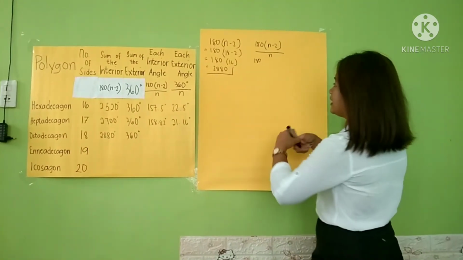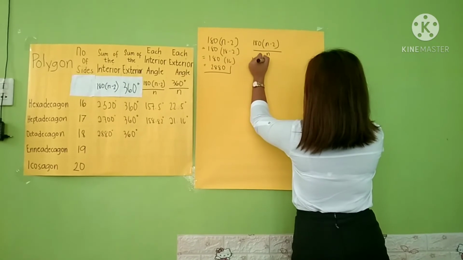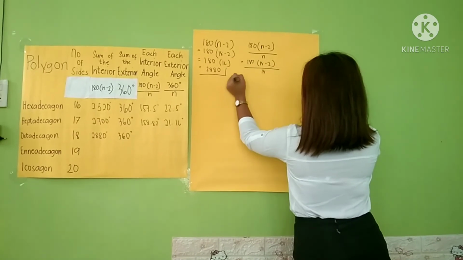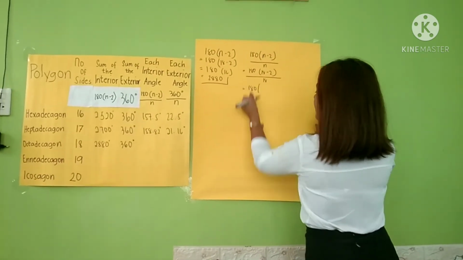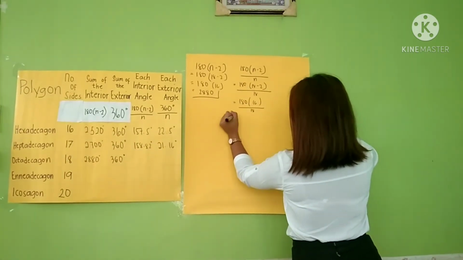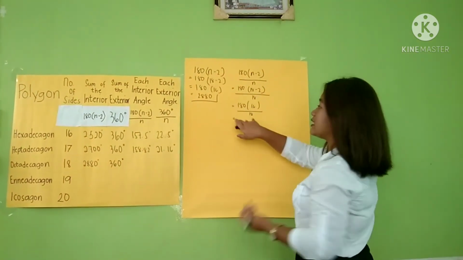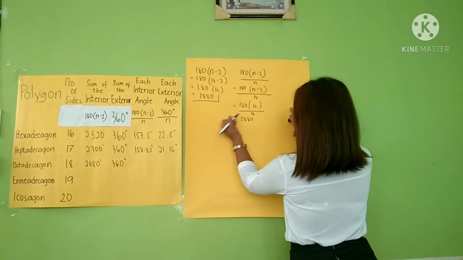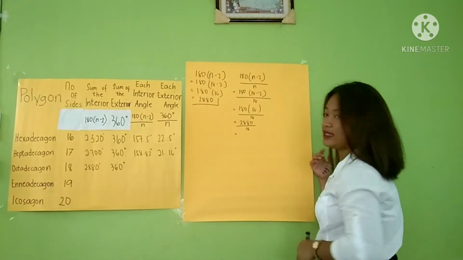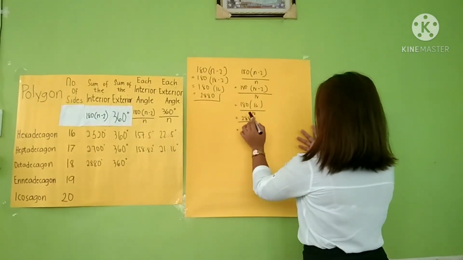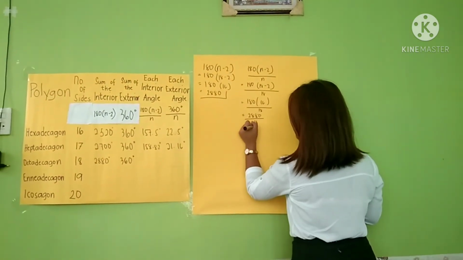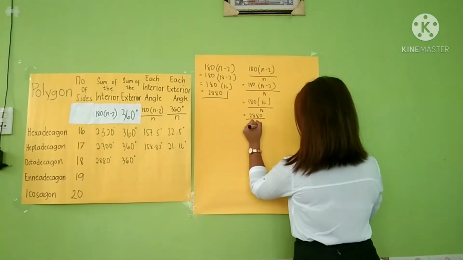We write 180, n is 18, minus 2. n is 18 also. 18 minus 2 is 16 over 18. 180 times 16 is 2,880 divided by 18. 2,880 divided by 18 is 160 degrees.